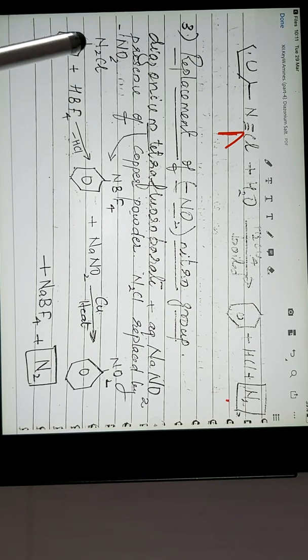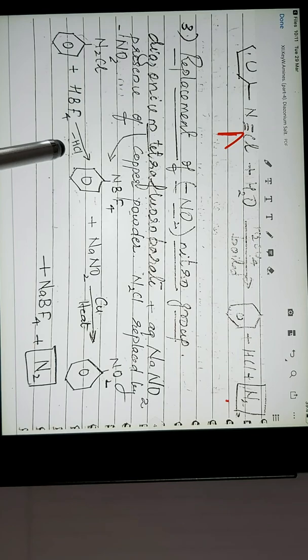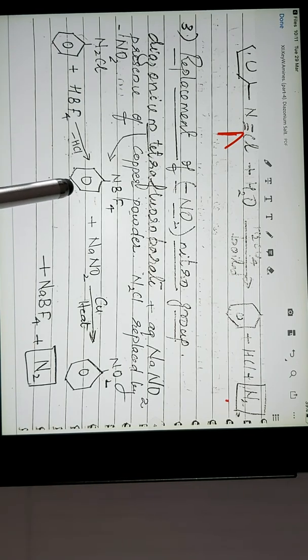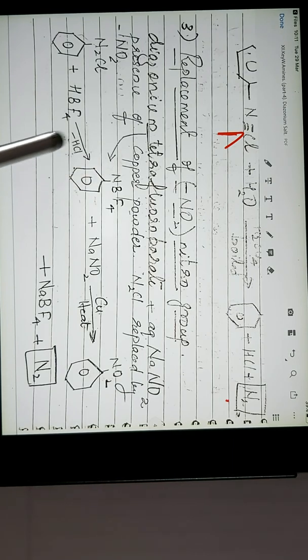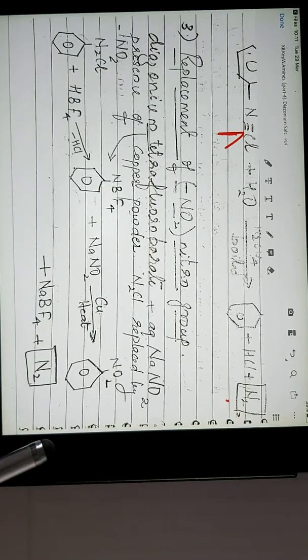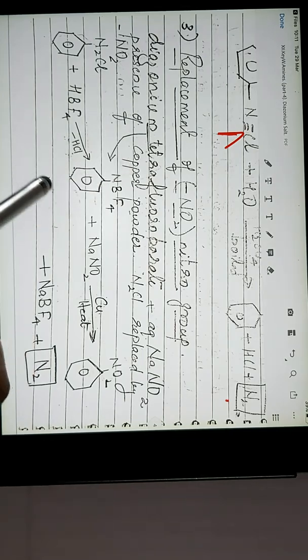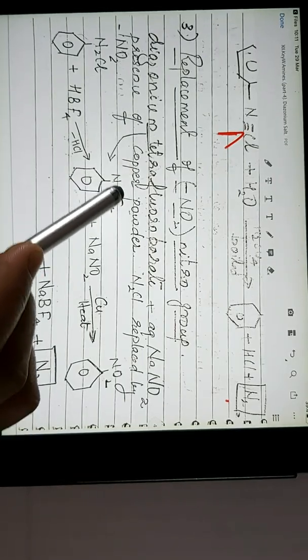This is made to react with the diazonium salt, and there will be removal of HCl, which results in the production of an intermediate complex, and that complex is named diazonium tetrafluoroborate. That is this benzene ring and nitrogen, which is diazonium, then tetrafluoroborate.